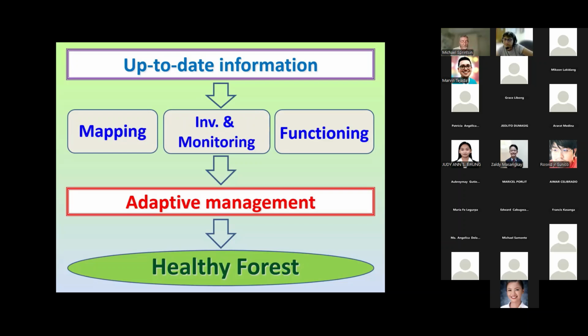So we still print maps and use them, but the use of them is gradually decreasing. More and more we use iPads and mobile phones to provide the information. The location accuracy increases, so that's the way we use it.